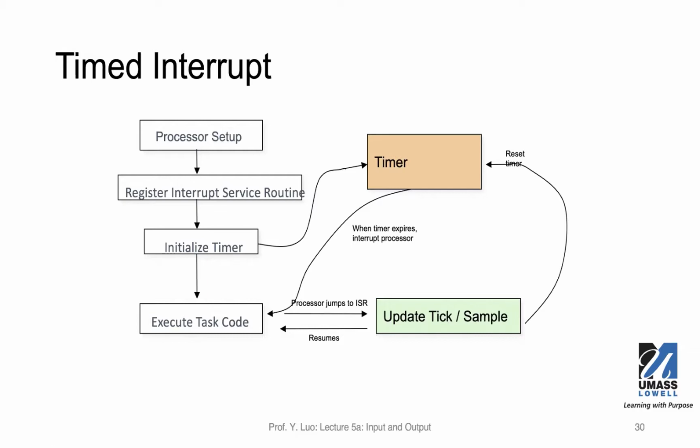What it doesn't show here in this diagram is the interaction in terms of the shared variables between this ISR and the main function, which, in fact, you will see more clearly through the examples in later slides. The ISR will also be responsible for resetting the timer, so that the timer will redo the counting down or counting up, and so that the next time it expires, it can interrupt the processor again.